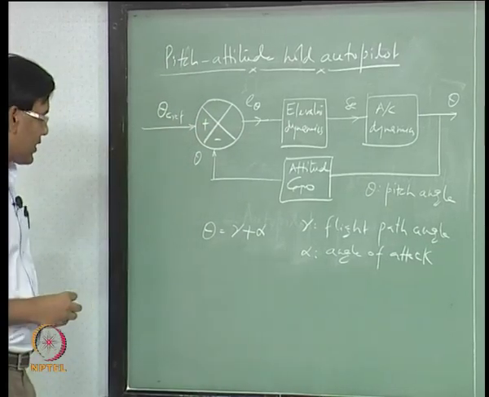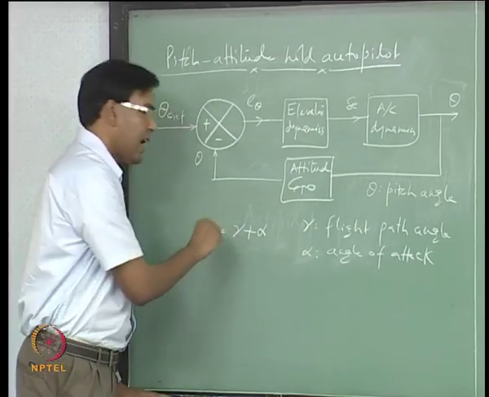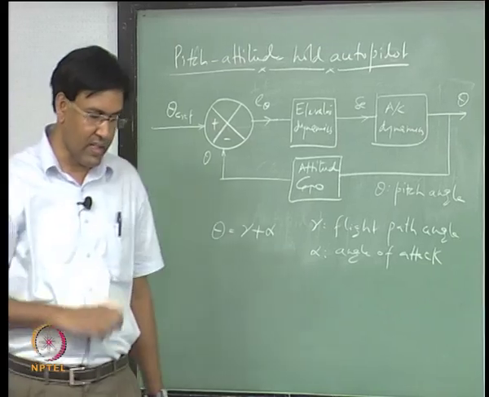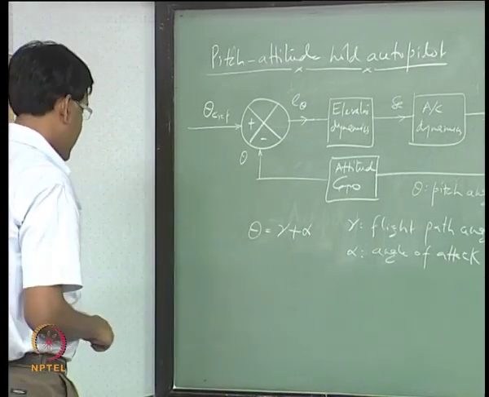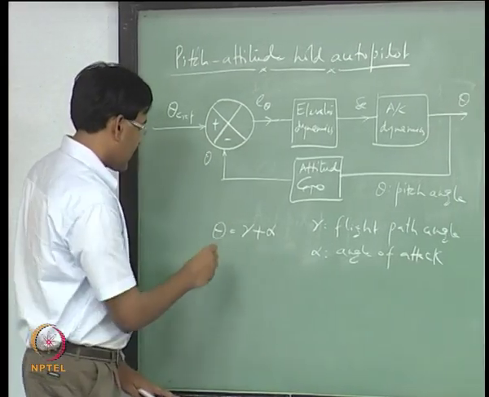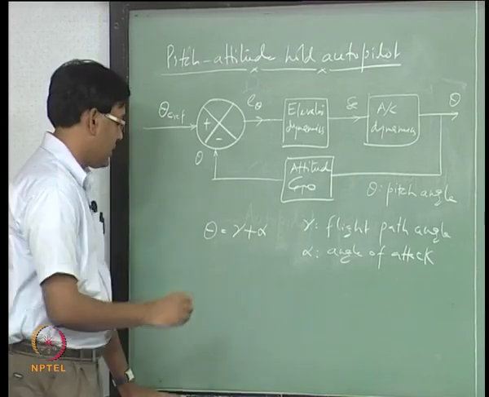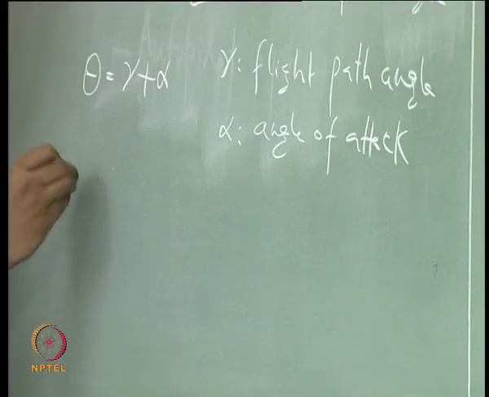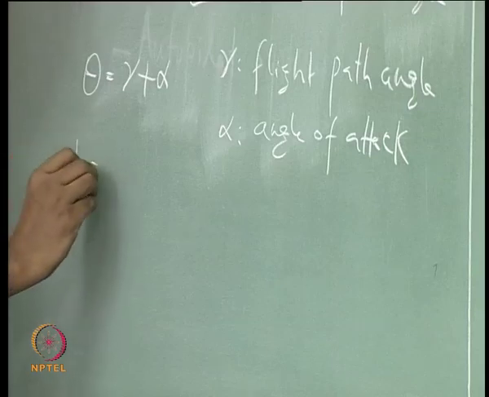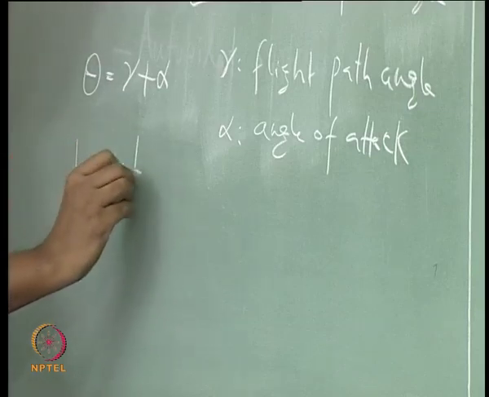So, let us say we are flying a level condition. Actually, this autopilot is engaged in a wing level condition. So, if we look at the equation of motion of equilibrium, lift is equal to weight.